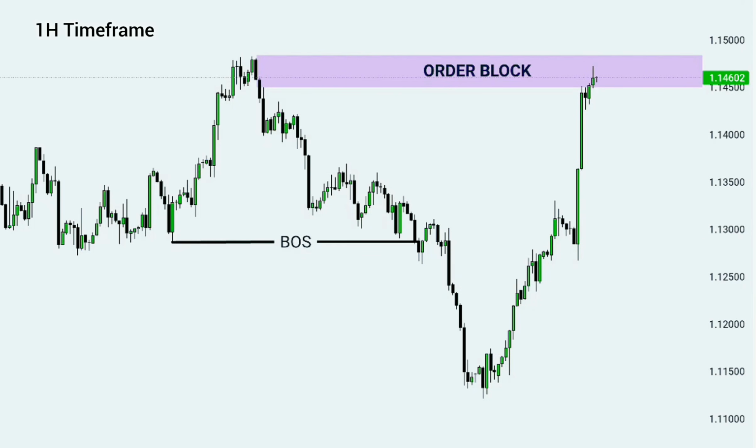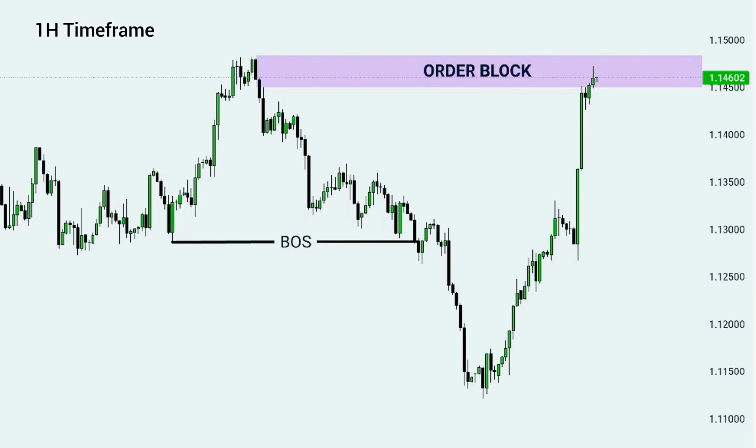Once price taps into the order block and fails to continue higher, it signals that supply is active and bullish momentum is being absorbed. From this point, the order block acts as a reference for bearish bias, not a guaranteed entry.